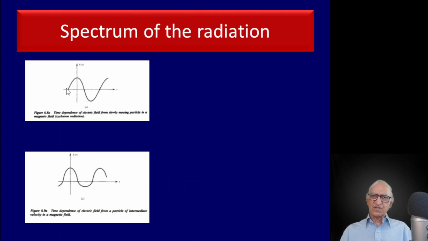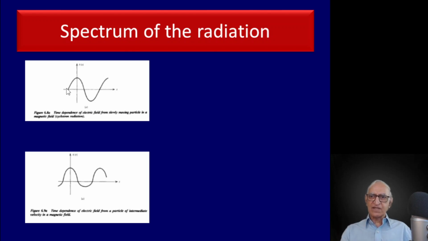Let us say the charge is moving non-relativistically in a circle. Then if the charge is moving in this plane, and you are looking at it from there, you will see the electric field changing sinusoidally with time, sine omega t.